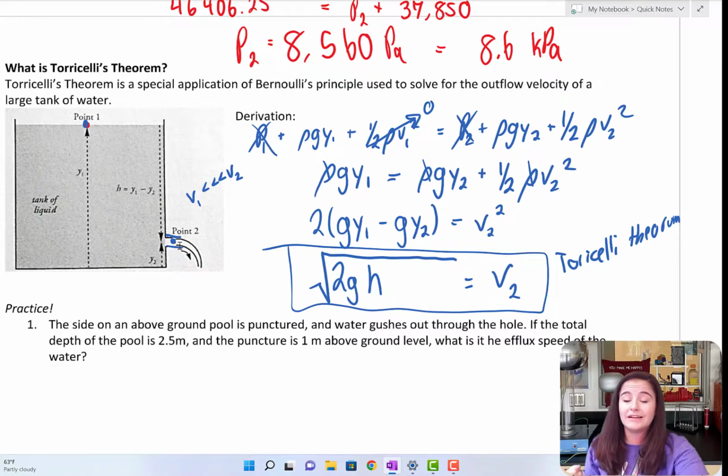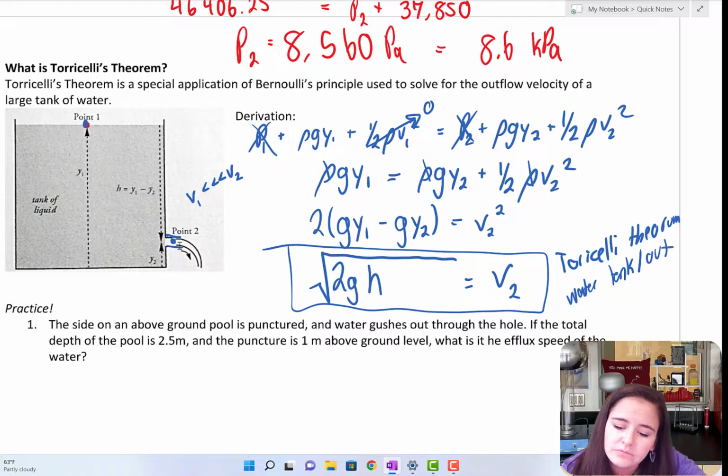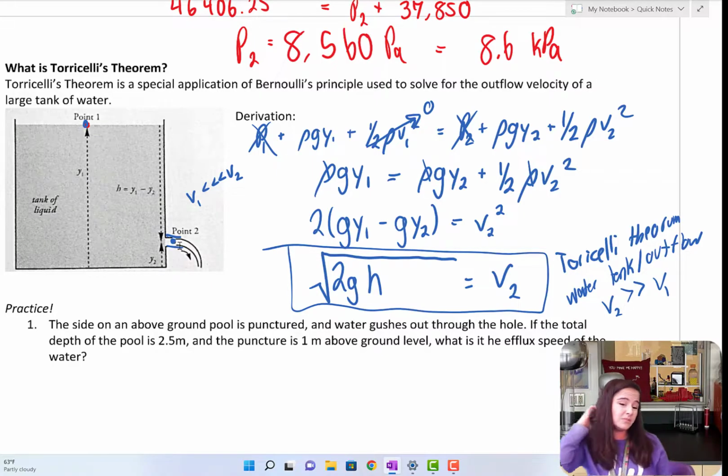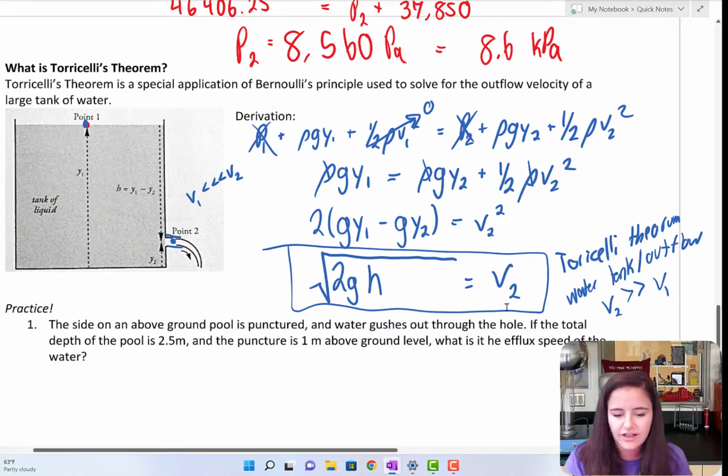It can be applied to any water tank or similar outflow, where V2 is going to be much, much faster than V1, where V1 is so small that it's almost negligible. Then we can solve for that outflow velocity just using the simplified equation of the square root of 2gh.